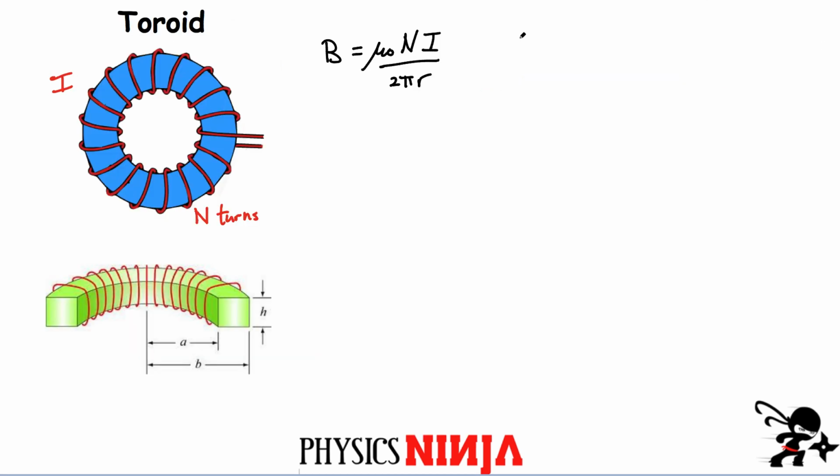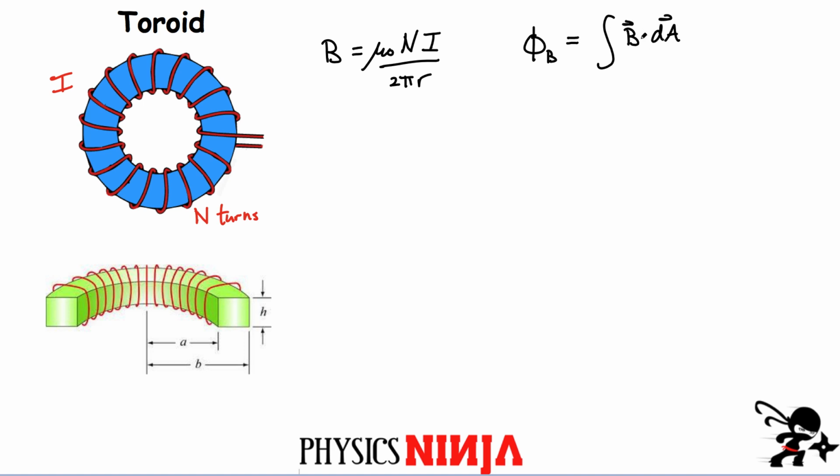Just like we did for the solenoid, we have to calculate the magnetic flux now. Again, the magnetic flux is the field integrated over the area. The area I'm considering, if this has a rectangular cross-section, is going to be this area right here. We have a height h, and we have to evaluate the field everywhere inside this area, but the field is no longer constant, so we actually do have to integrate.